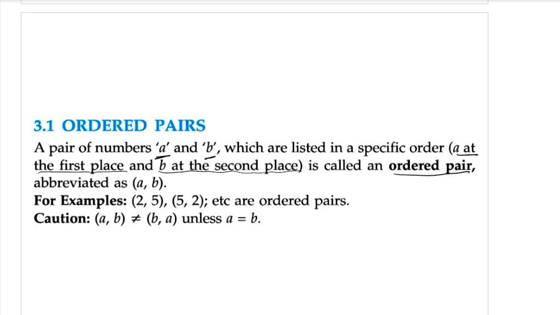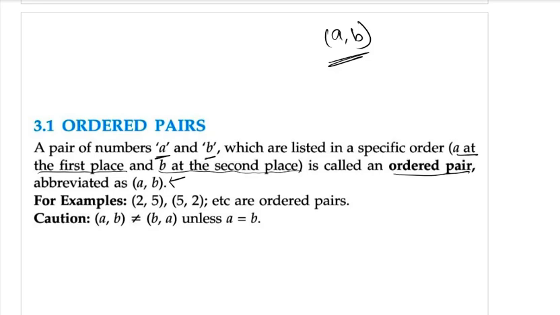So a and b are two numbers listed in a specific order, which is abbreviated as (a, b). So if you write a comma b, it is an ordered pair. a is in the first place, b is in the second place.